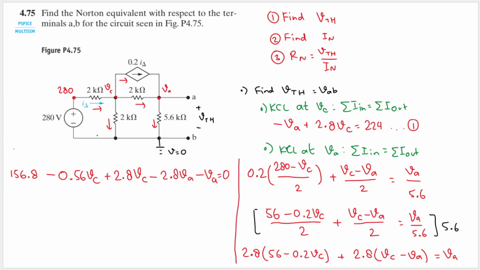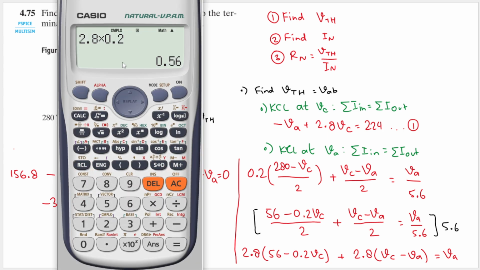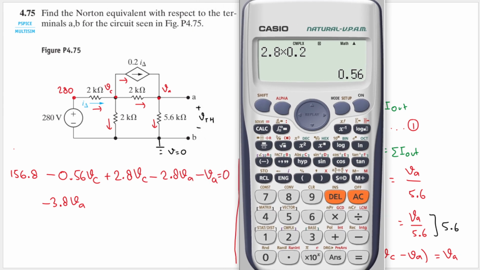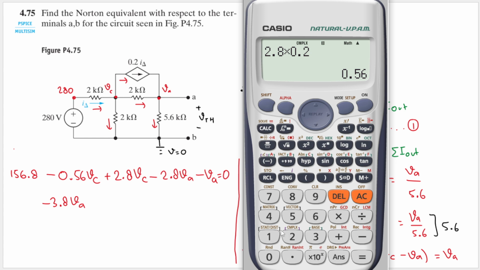Good. Let's put some separator here. Now minus 2.8 minus VA, we will have minus 3.8 VA. And then 2.8 minus 0.56, that is the task of the calculator, which is annoying actually, a very bad number.